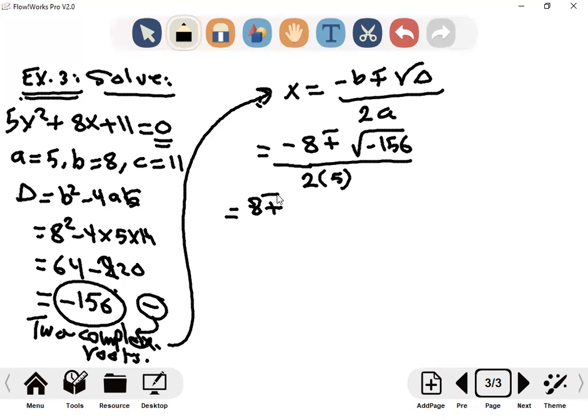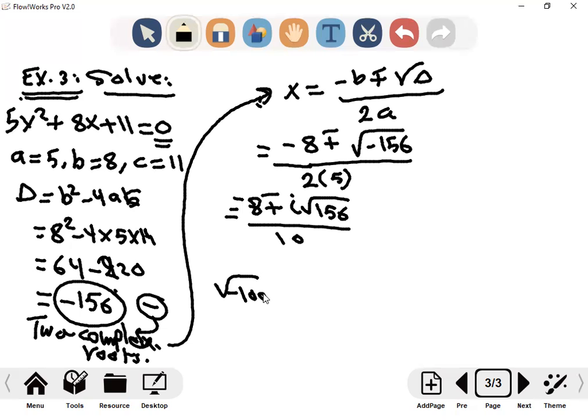So what we will do now, the negative outside will be what? I. We did that before, and this will stay the same, 156. Got it? Over 2 times 5, which is 10. Again, the square root of the negative. Check. For example, if instead of 156 it was negative 100, how much is this? 10i.